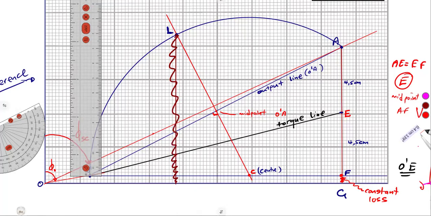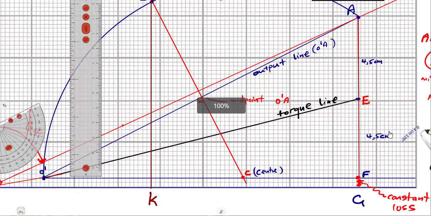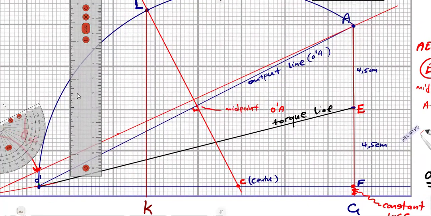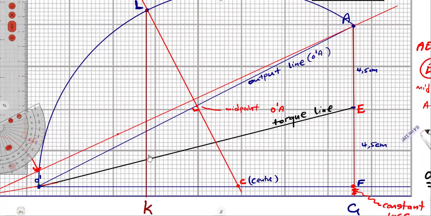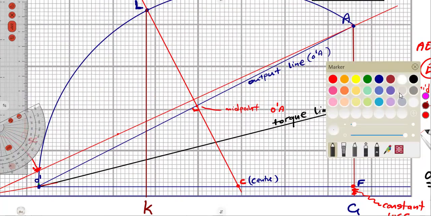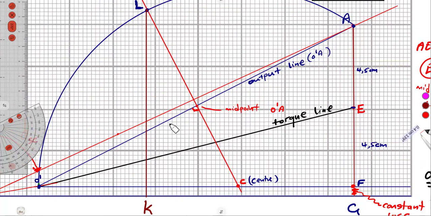From L to K. So that's L to K. So this line LK that we have just drawn gives us a lot of points along it. Those points are very, very important. So we name them.